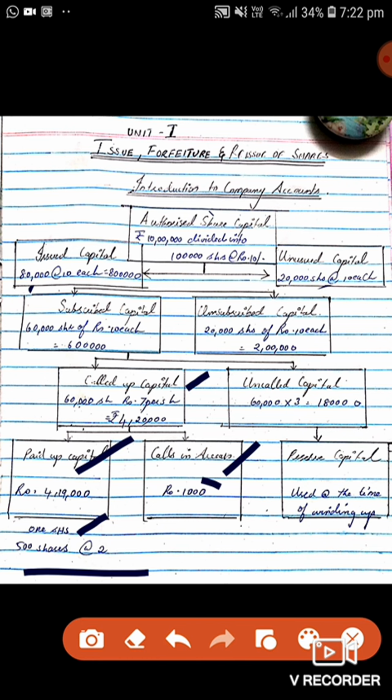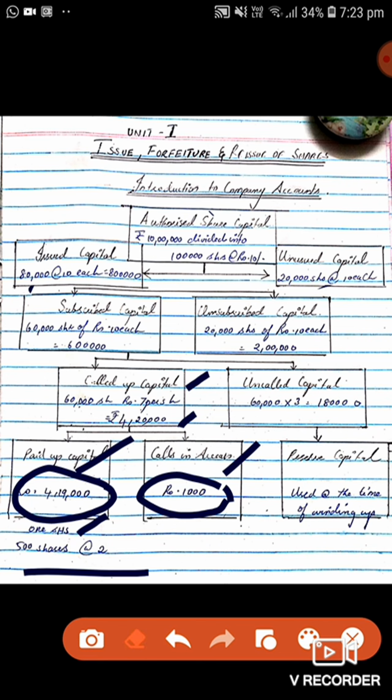If you calculate, it is 1000 rupees, which you call calls in arrears. When the subscriber, that is the public, has defaulted in the payment, that amount he hasn't paid. So subtracting that from the called up capital, you will get the paid up capital of 4,19,000. So that will be the paid up capital. This calls in arrears will be paid by the shareholder at a later date.